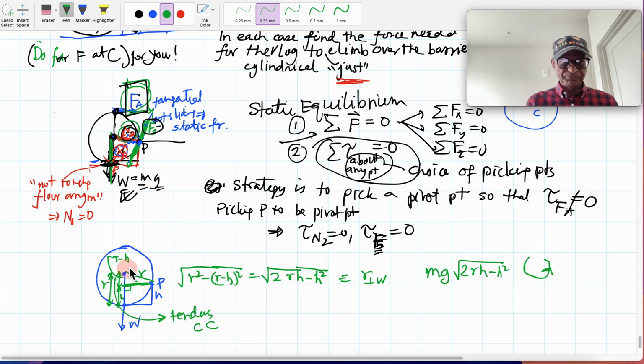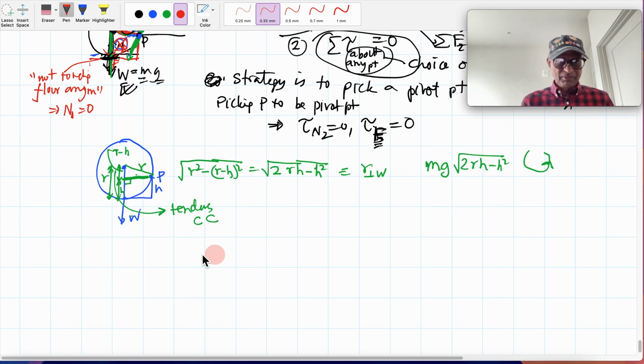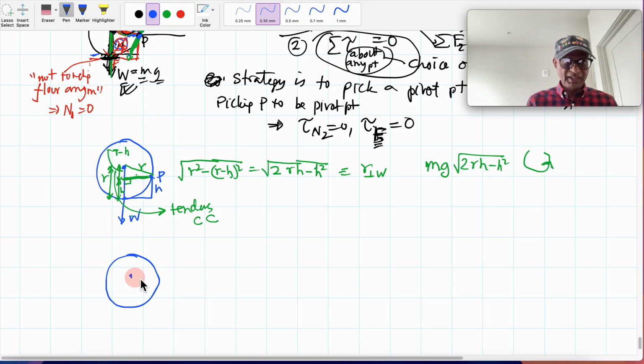How about that guy? Let me redraw it because it's going to be messy. If I were solving this problem in the test, I wouldn't be redrawing it. So this is the force, and this is the pivot point. We want 90 degrees onto that, and this is the distance we want now.